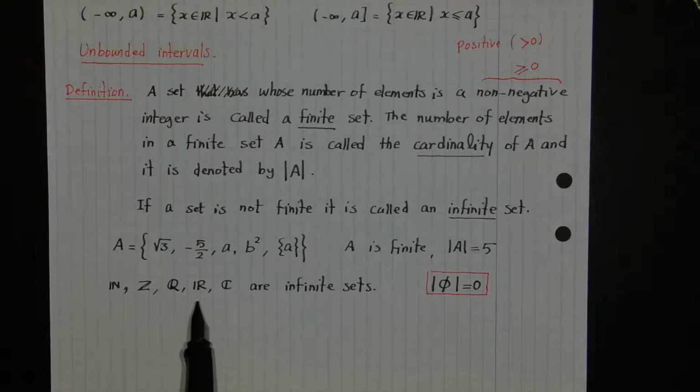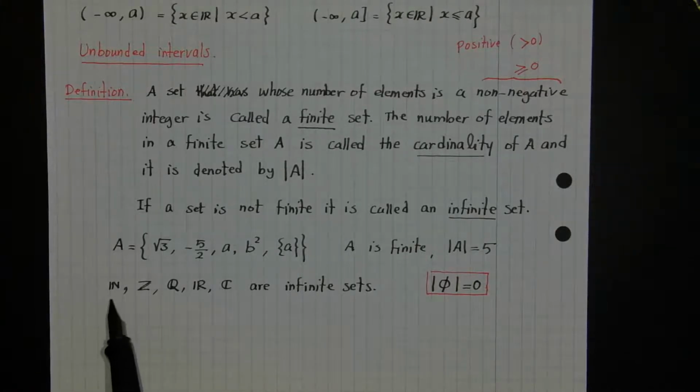This means the number of elements in R is much bigger than the number of elements in N.